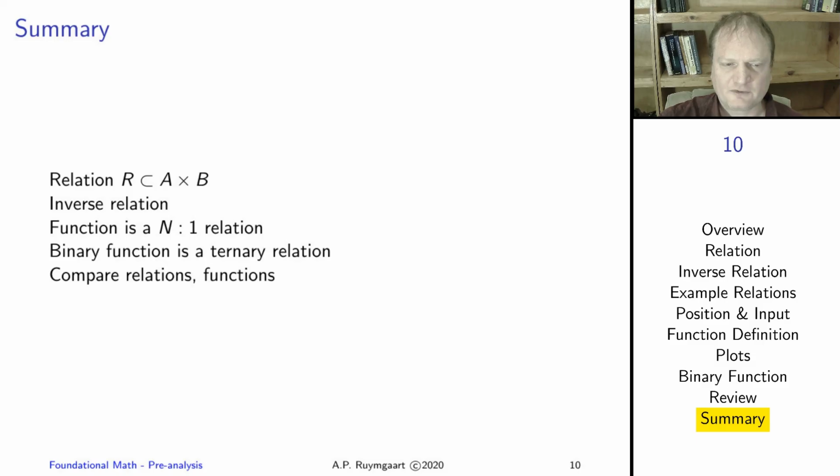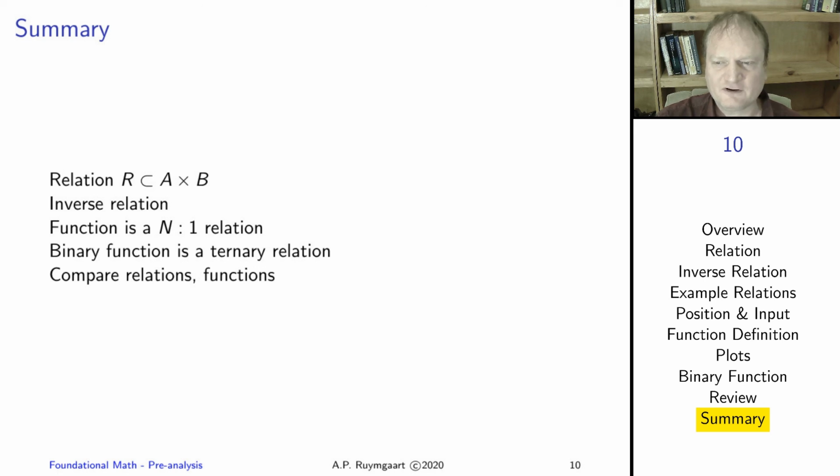Let's summarize what we covered in the session. We started talking about relations and showed that a relation is nothing but a subset of the Cartesian product. We talked about relation between sets A and B as a subset of the Cartesian product A times B. We also talked about relations on a set and inverse relations.